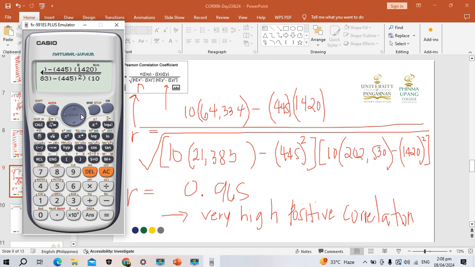Open, close. Close, open 10. Tapos, open ulit 202, 530 close. Minus open 1420. Close, squared. Squared tapos close natin. Check natin kung tama labas. The answer in my calculator is 0.965, which is correct. Tama naman yung sagot nila.